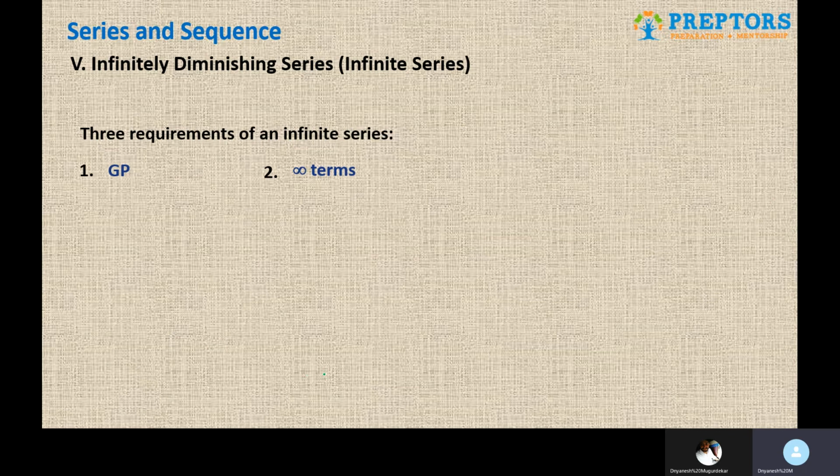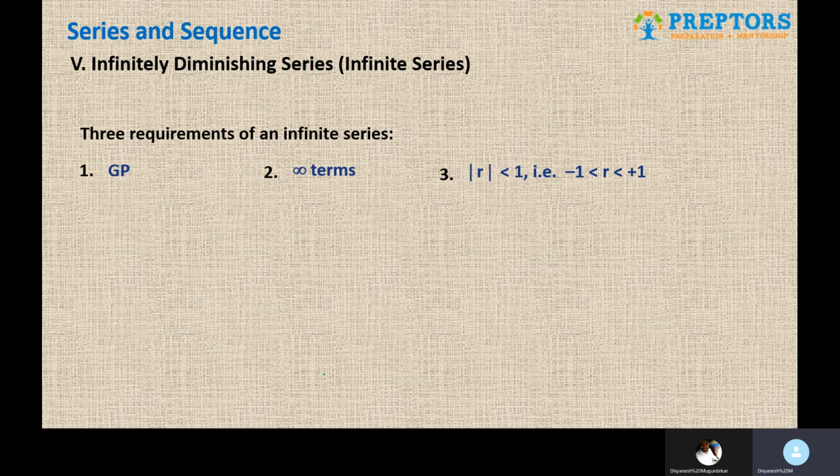For an infinitely diminishing series, the value of r is between -1 and +1, as in mod of r is less than 1. That means r is in decimals. Whenever you see that r is in decimal, be a little careful that it is probably a case of infinitely diminishing series.